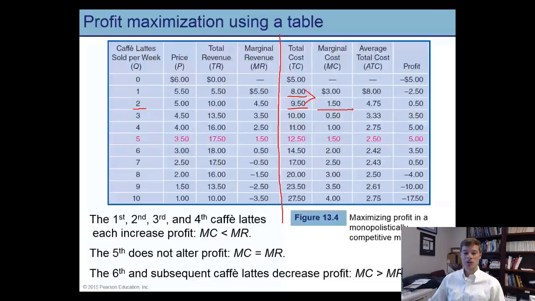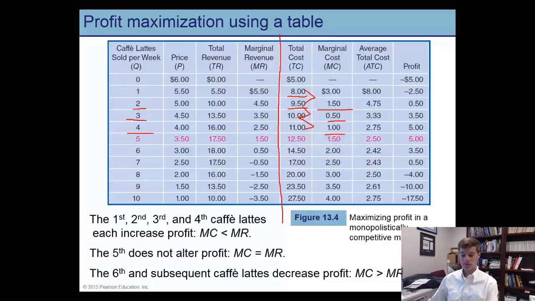So the marginal cost of the second unit is $1.50. I'm calculating these marginal costs by subtracting total costs between consecutive rows. For example, for the third unit of output, total cost of $10 minus total cost of $9.50 is 50 cents. That's the marginal cost of the third unit. The fourth unit's marginal cost is $1 from 11 minus 10.